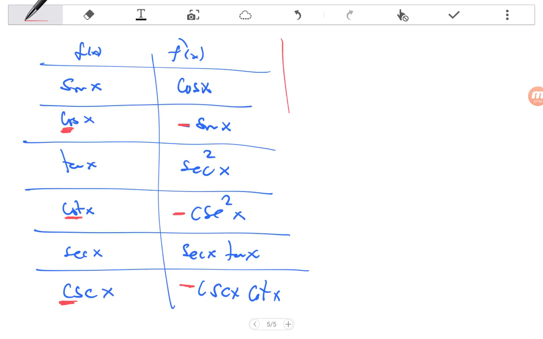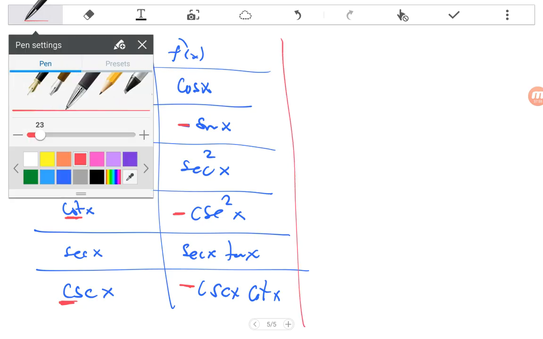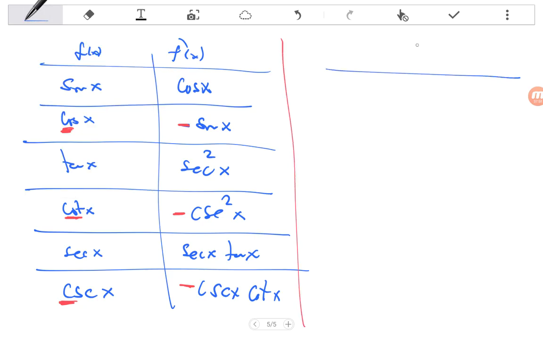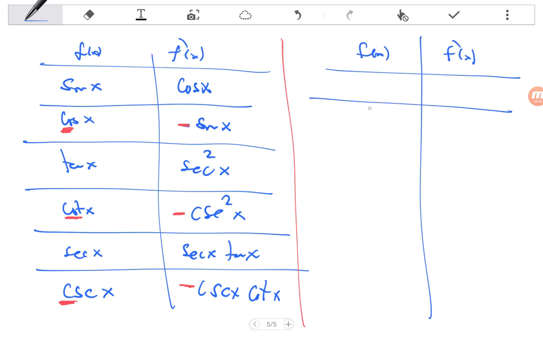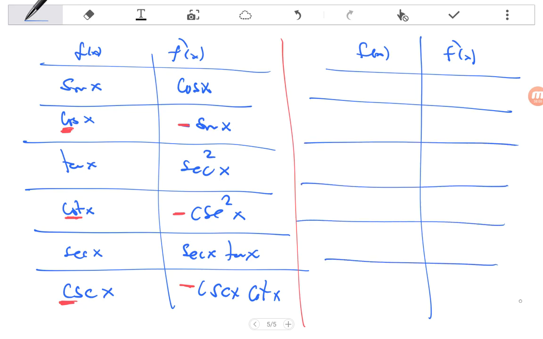Okay? Also, we have studied the hyperbolic functions. So let's write the table of hyperbolic functions. It is just the same as the trigonometric functions, but with a difference in the rule of the negative sign. Now, sine of x, cosine of x, tangent of x.